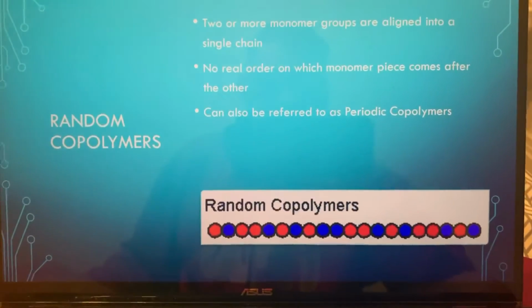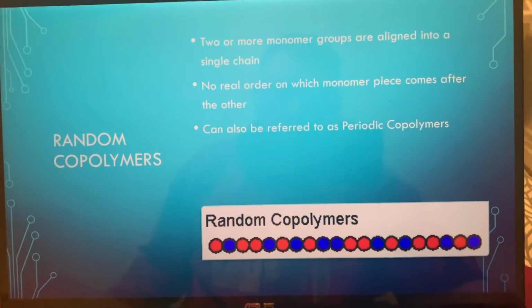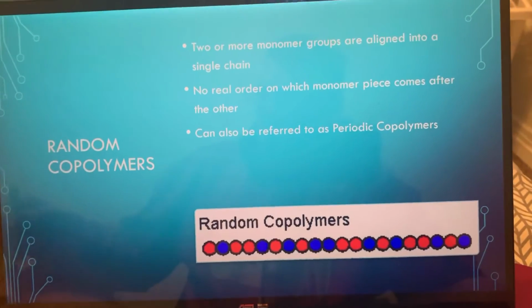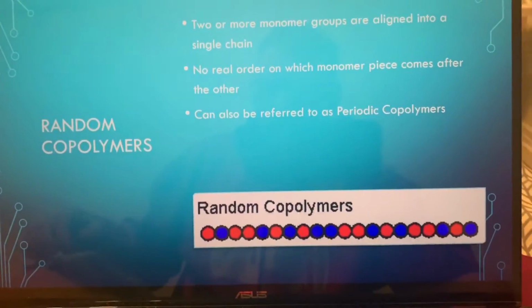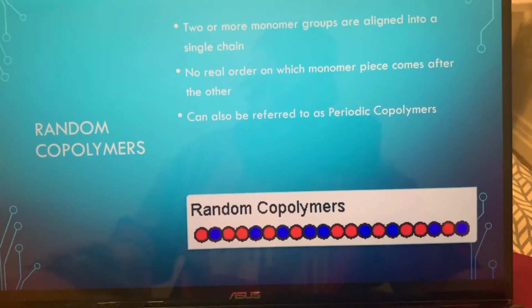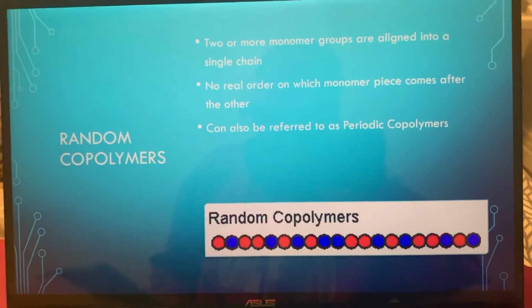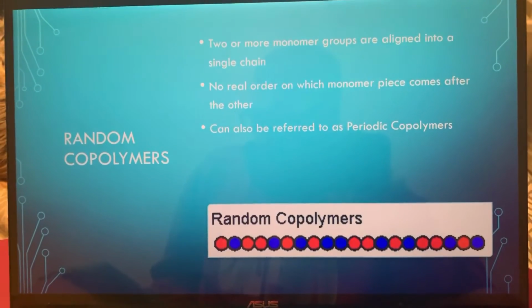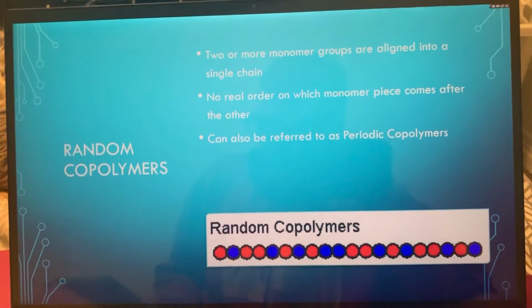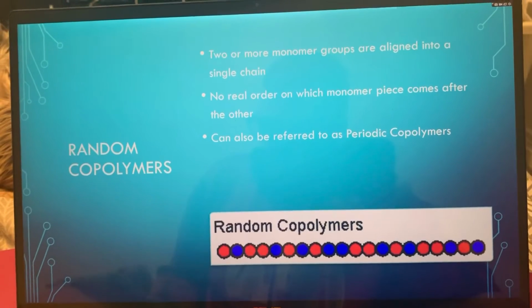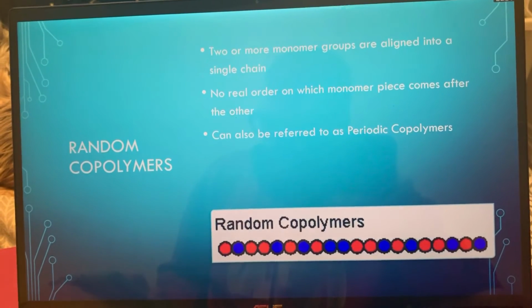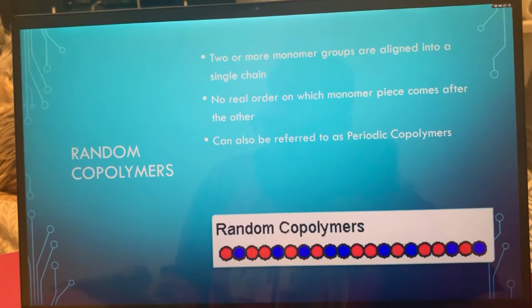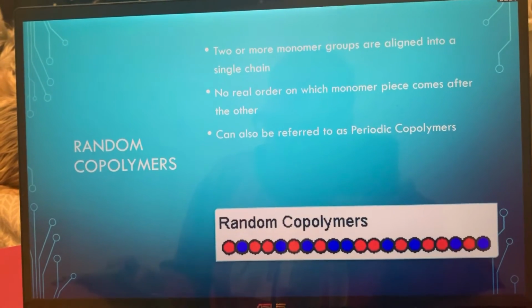And last is random copolymers, and this compiles a lot of the other smaller groups of copolymers that don't really have a specific pattern like the other three do. It consists of two or more monomer groups, and their alignments are in a single chain as well. But there's no order to how the monomers are placed between each other.